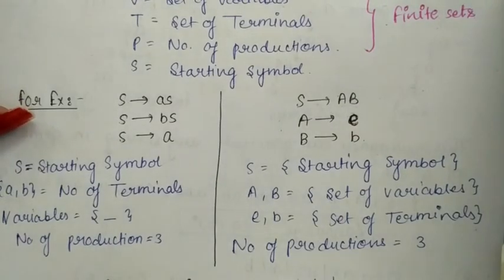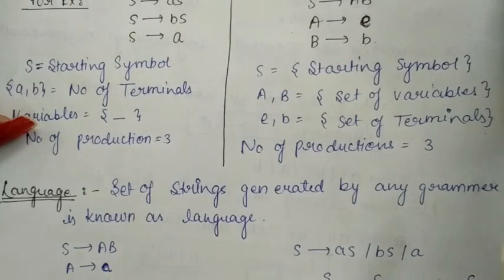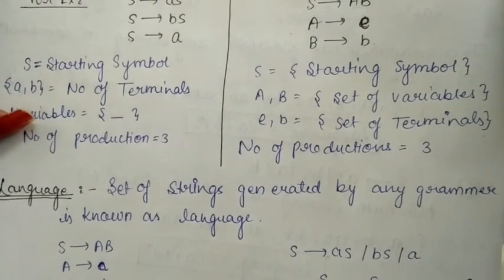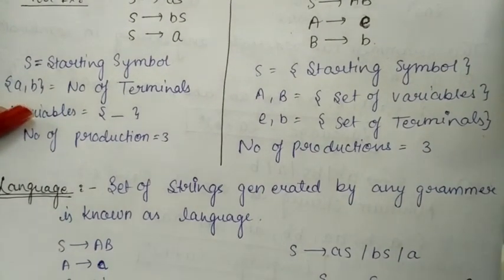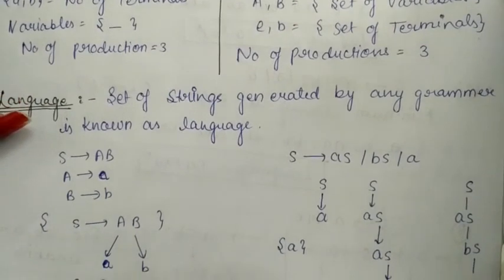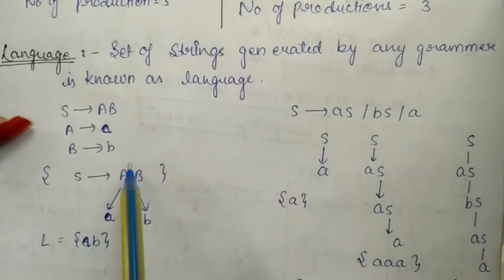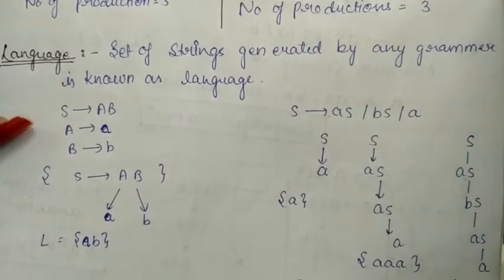Now, what is language? Coming to the language, language is nothing but the set of strings generated by any grammar. You will understand this with this grammar: we will see what are the various strings this grammar can generate.